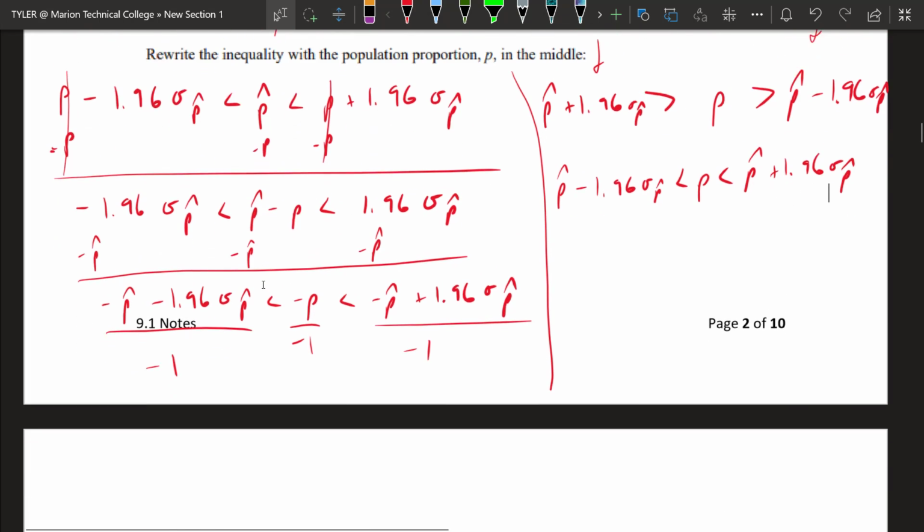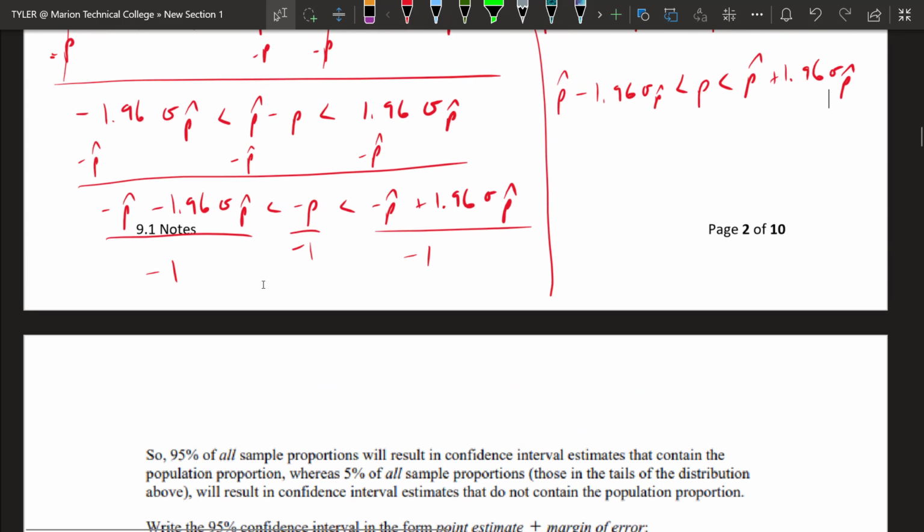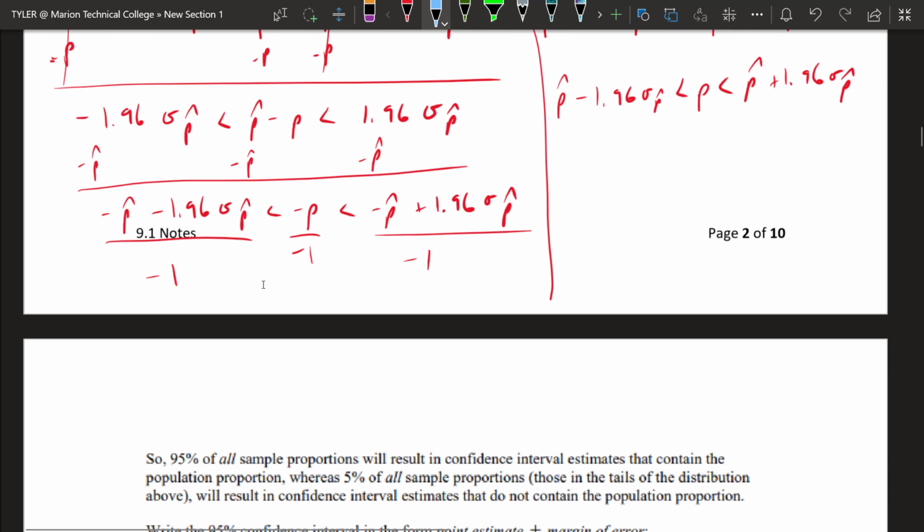So then just a note as well. We know that this value p hat is known as the point estimate. And then this amount that we're adding and subtracting to both sides is referred to as the margin of error.